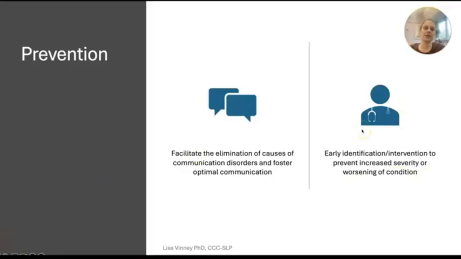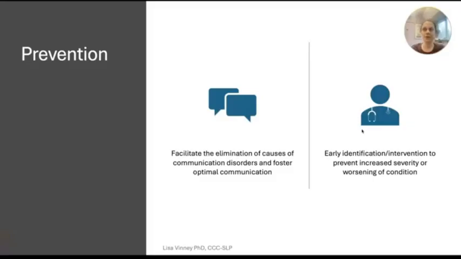Another consideration here is early identification of conditions. So we really want to identify persons as early as we can, if we diagnose them properly with communication impairment or disorder, and then treat it in a timely fashion.